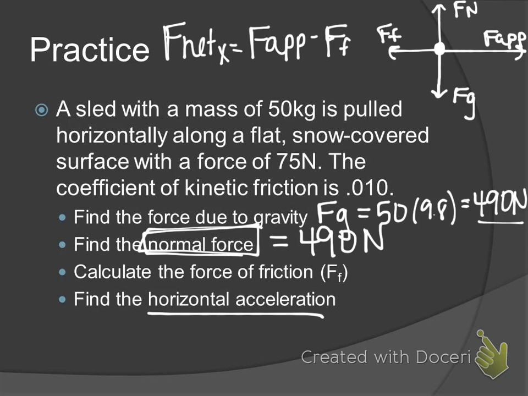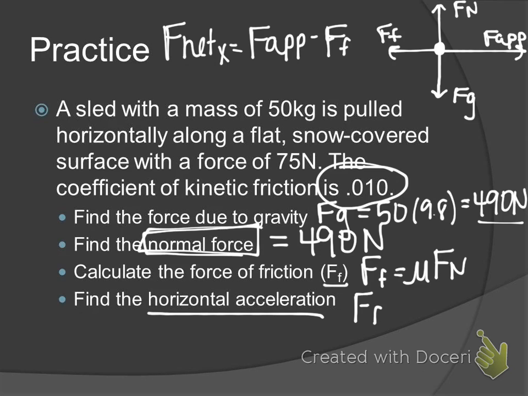So now we're going to calculate F sub f, our force of friction, and we're going to take our coefficient times the normal force. This coefficient of friction was given to us in our problem, 0.01.